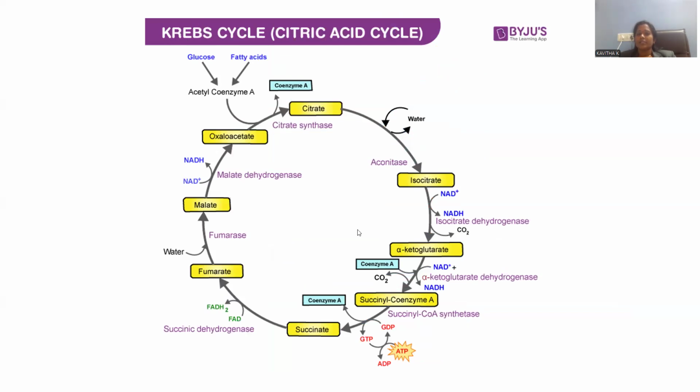The Krebs cycle is also denoted as the citric acid cycle, where citrate is formed as coenzymes are involved, with glucose and fatty acids treated with acetyl coenzyme A, so that citrate will be generated. This citrate will be treated with water, and that citrate will be isomerized, giving rise to isocitrate, where a reducing agent will be mixed so that ketoglutarate will be generated, and succinyl coenzyme A is the next step by enzymatic action.